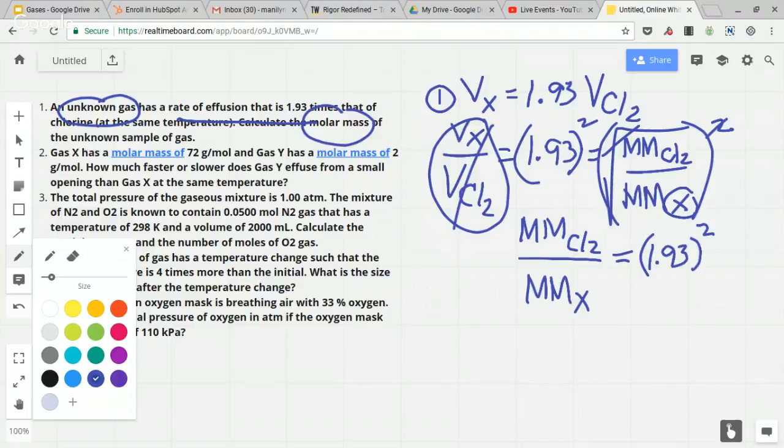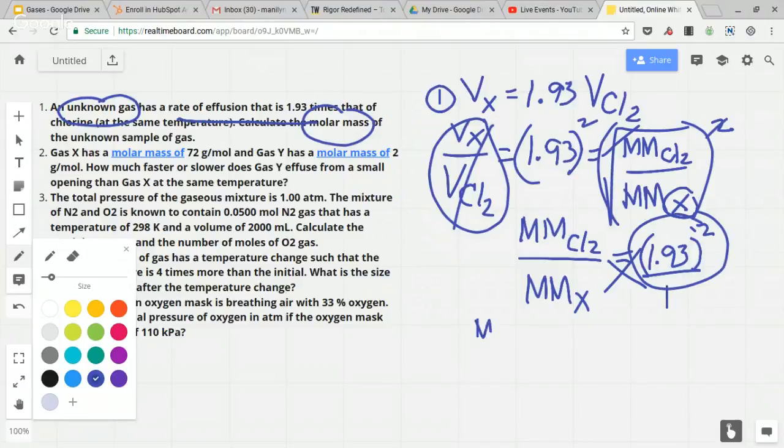Okay, so looking at this, if we cross multiply this equation to get the MM of X, you cross multiply and you need to get rid of 1.93 squared.